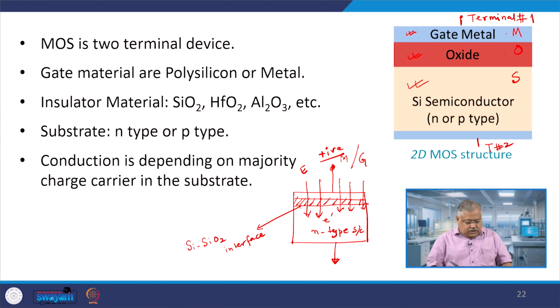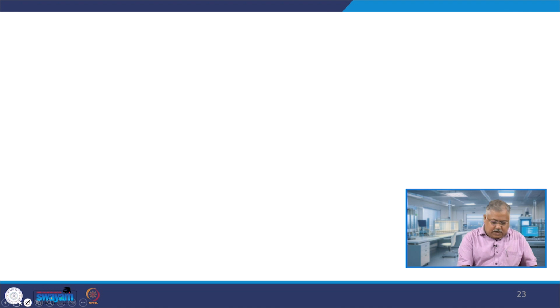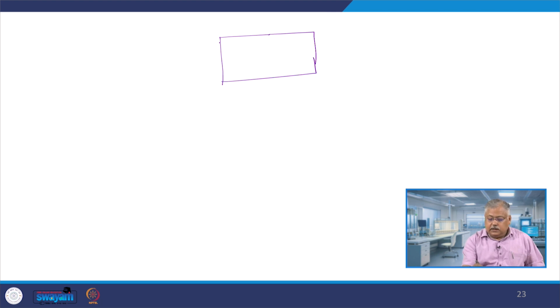So, I will just name a few of them and explain what I am talking about, and let us take up a basic MOS device which was in the initial discussion. If you take a MOS device, then it looks something like this, right, a two terminal device. I have a metal here, I have an oxide layer here, and of course, this is the semiconductor.